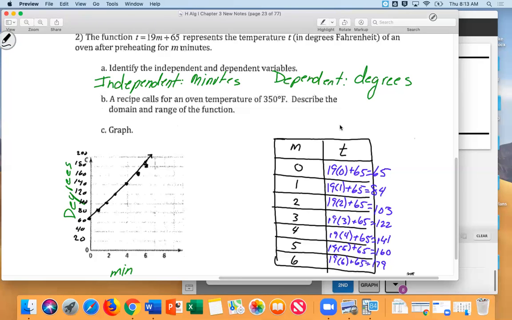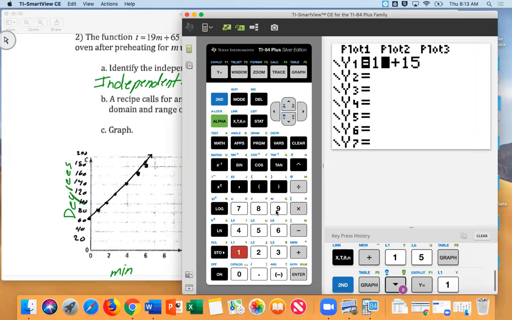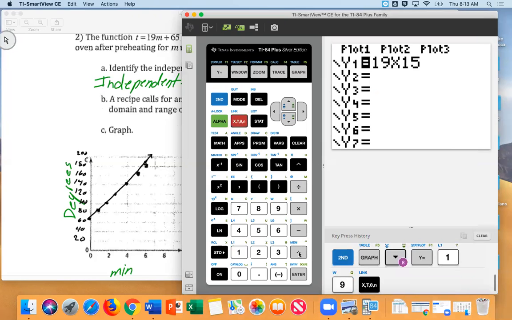Right? Now, the question really becomes, a recipe calls for a temperature of 350. Now, if you have a graphing calculator, this is how you do it. Let's go to the table.